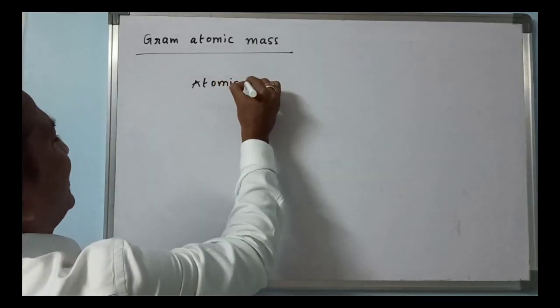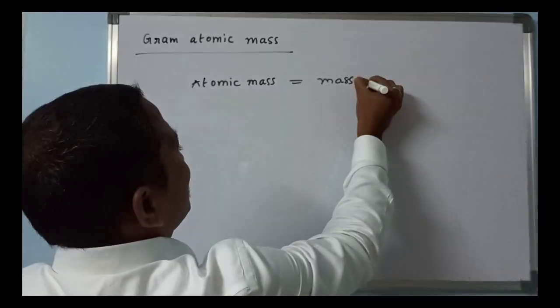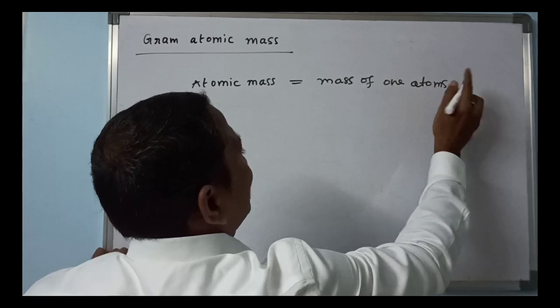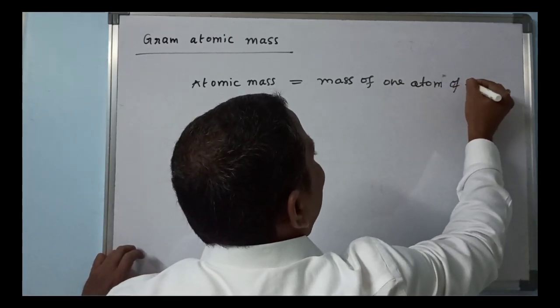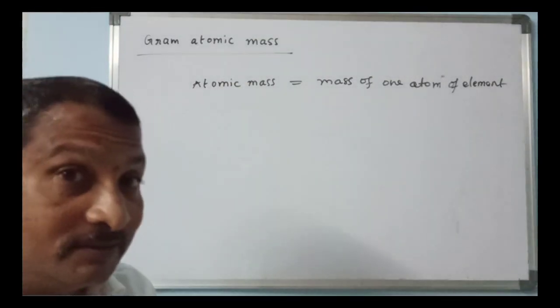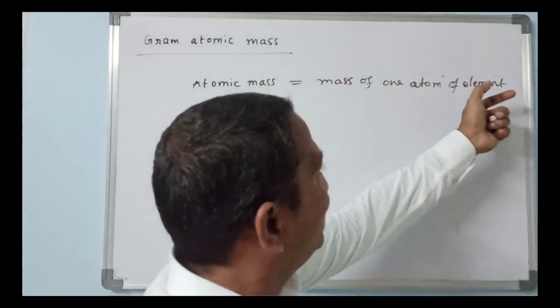Atomic mass is equal to the mass of one atom of an element. Okay, clear? Atomic mass is very important.